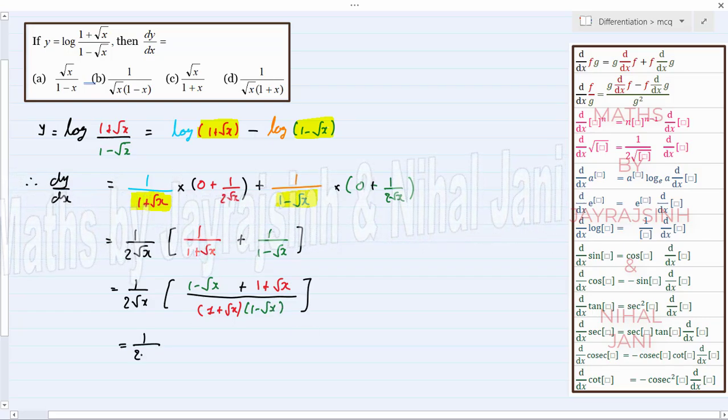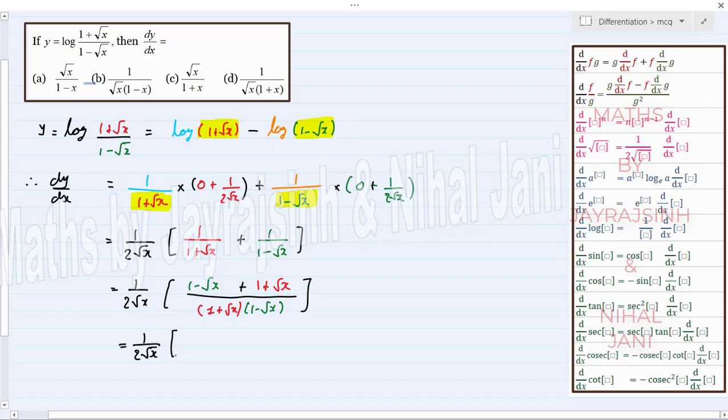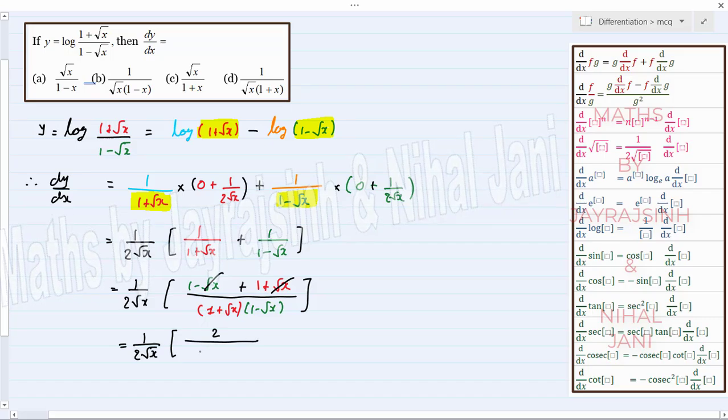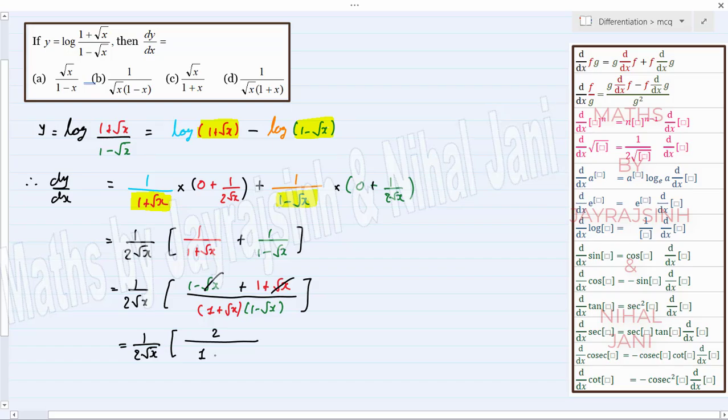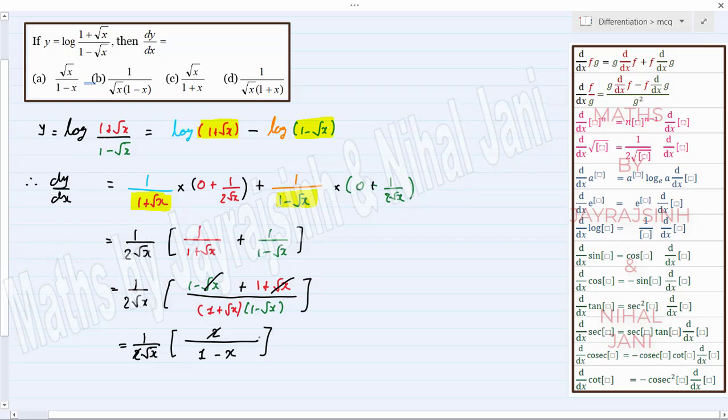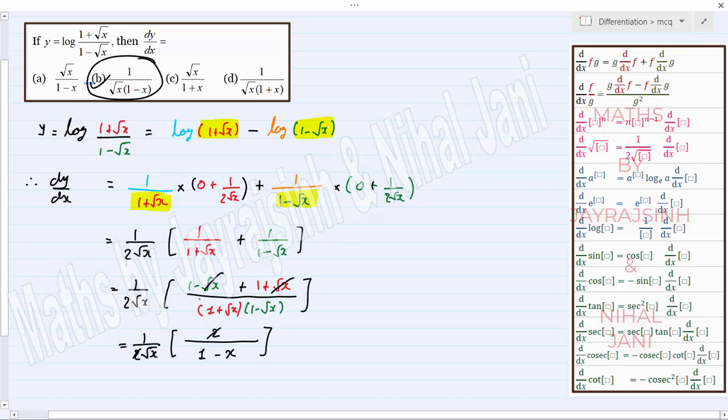So here root x cancels, 1 plus 1 will become 2 upon a plus b and a minus b, or we can say a square minus b square. So this 2 will cancel out, and 1 upon root x into 1 minus x is your final answer, which is given in option B. Ta-da!